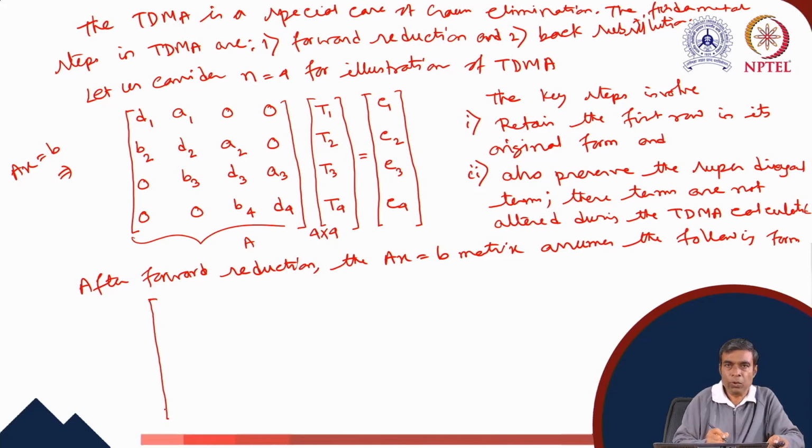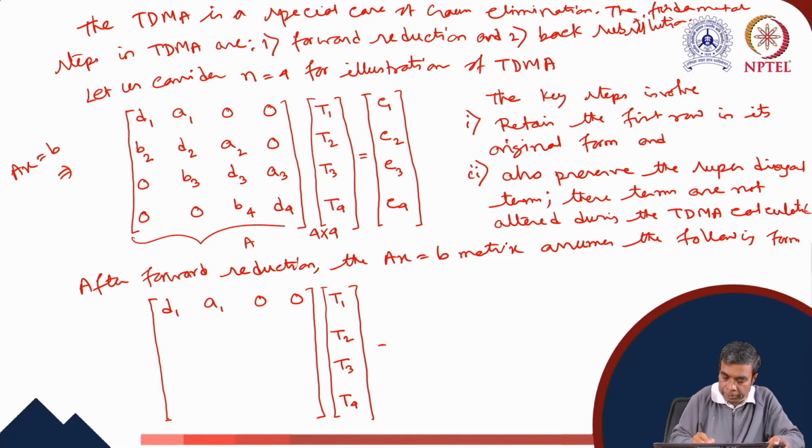Our first row, it does not change. So D1, A1, they remain as they are. So here we have T1, T2, T3, T4. Since the first equation does not change, the right hand side of the first equation, that is given by C1, it also does not change.